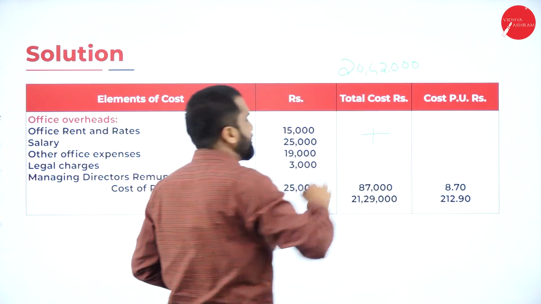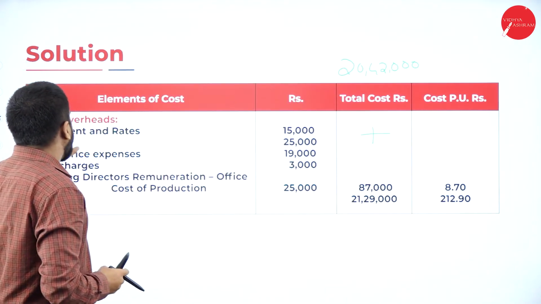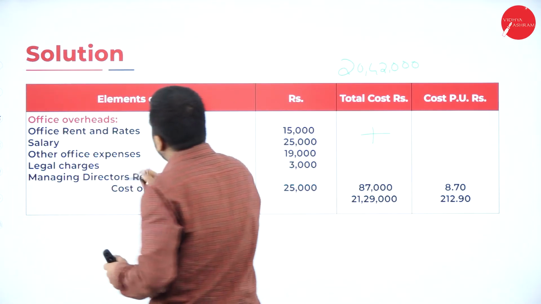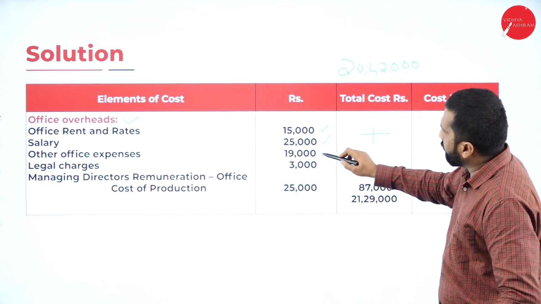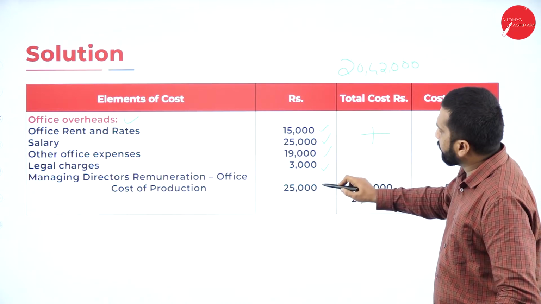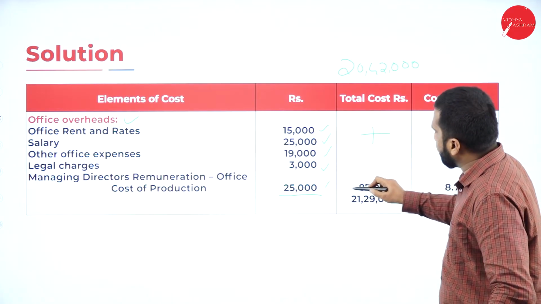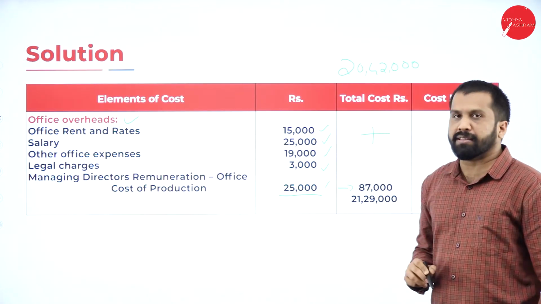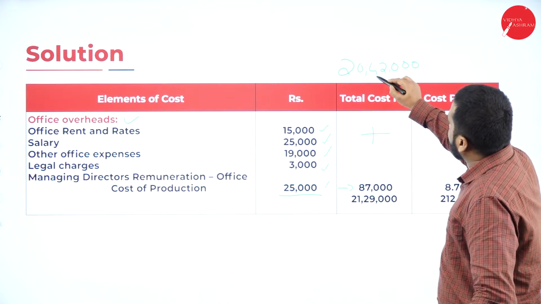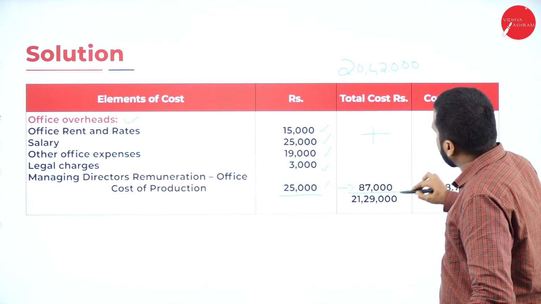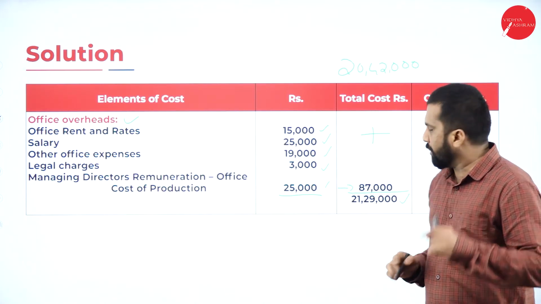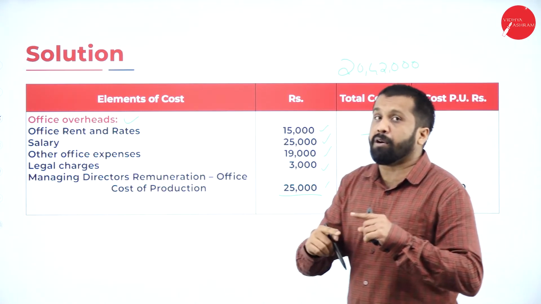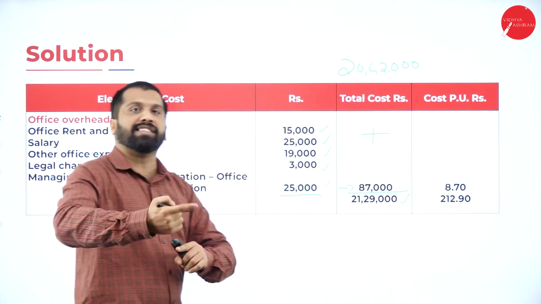20 lakh 42,000 plus. Now we are doing office overhead. Now, 15,000, 25,000, 19,000, 3,000, 25,000. All put together, it is 87,000. Now, 20 lakh 42,000 plus 87,000, you got 21 lakh 29,000. Hope you are clear. This will be carried forward to the next step.